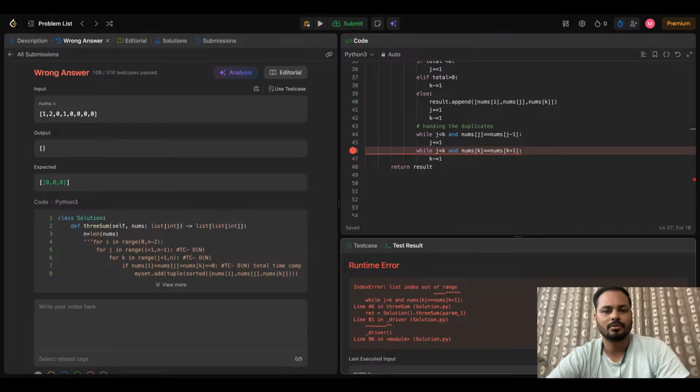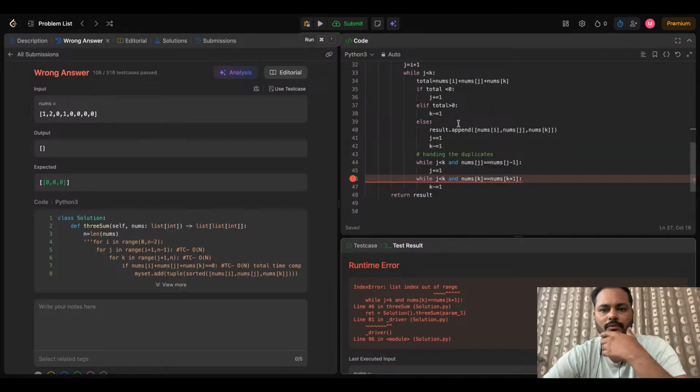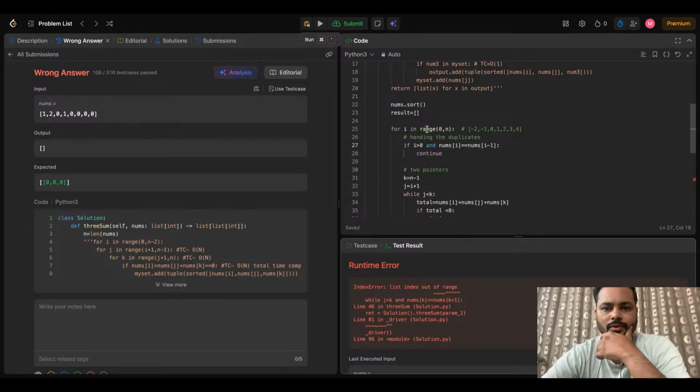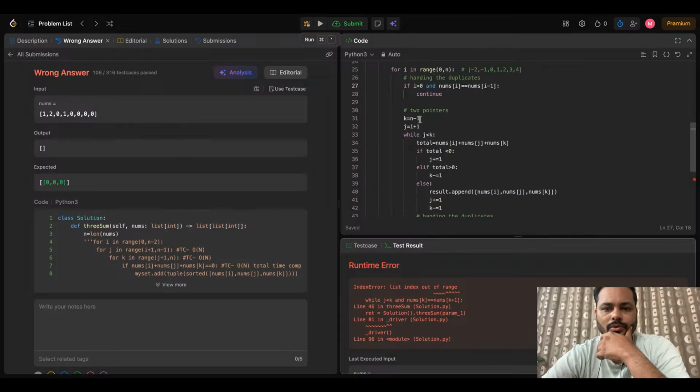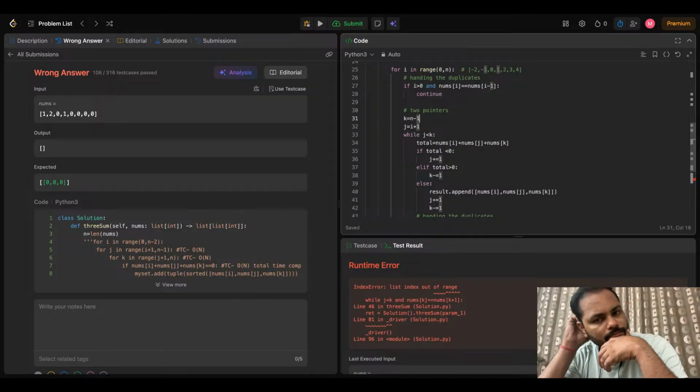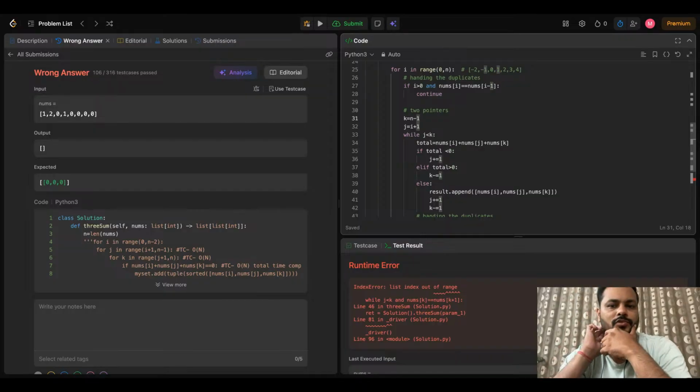I in range 0 to n. Continue. k is equal to n minus 1. j is i plus 1, correct.